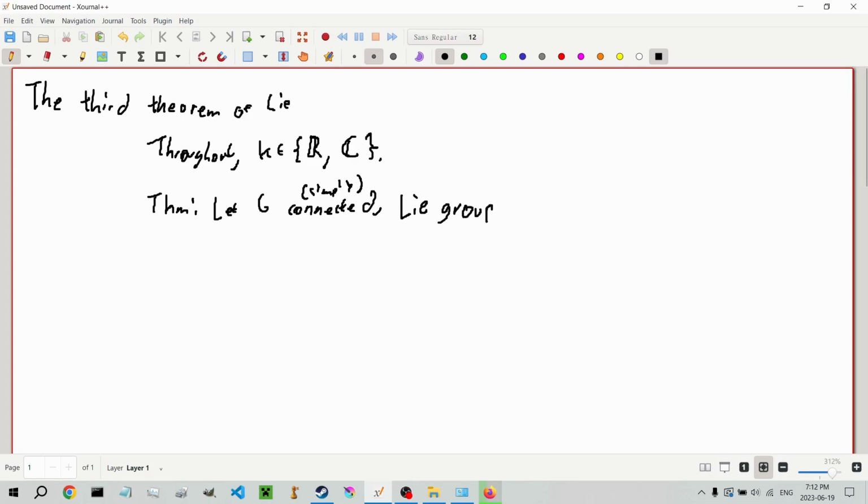They kind of misled me. Of course, over our base field, we're going to let G prime be a Lie group over K, not necessarily connected in any sort of special context. Of course, we're going to have lowercase be the respective algebras.